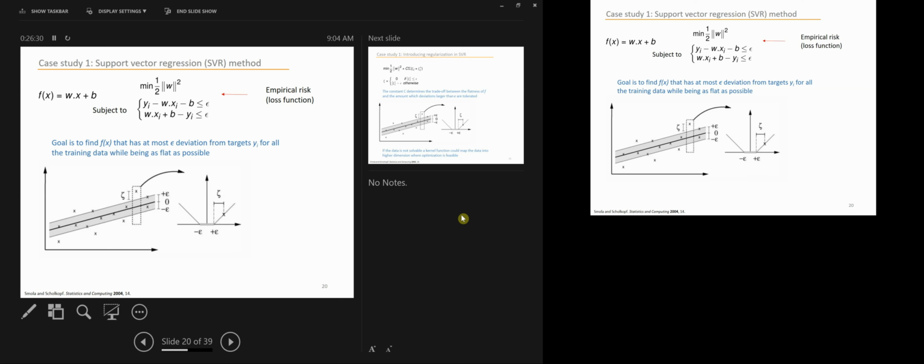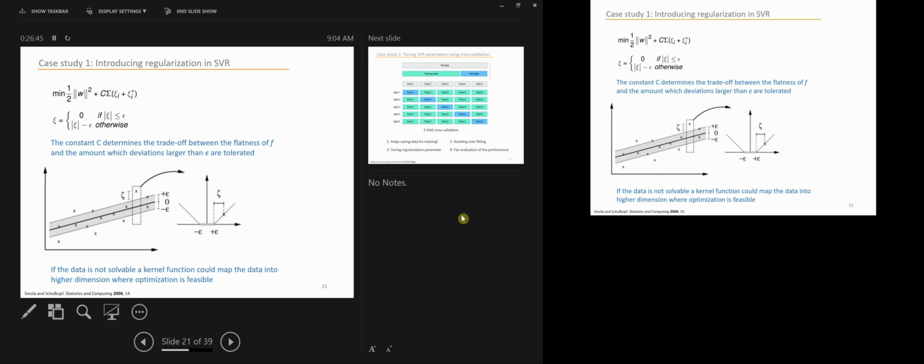But the problem is that usually the optimization problems are not that easy, so it's not possible to contain all the training data within the bounds of epsilon. For that purpose, we add a regularization term to allow for some slack in the training data, to make our optimization problem feasible.